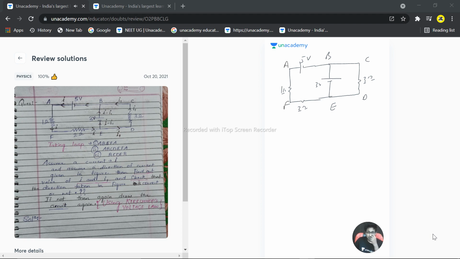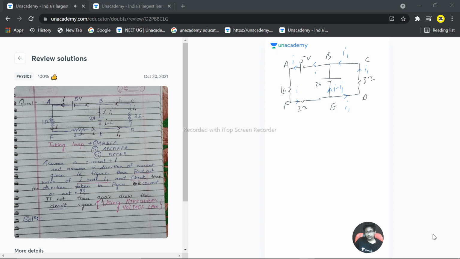So current is flowing from this. Here I1 current enters such that I minus I1 is entering into this branch. So I1 is flowing in this branch, the same I1 is flowing in this branch, and I current is flowing in this branch.